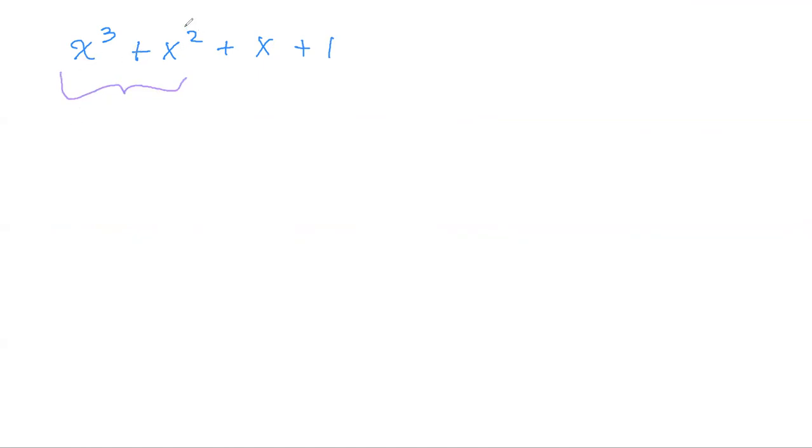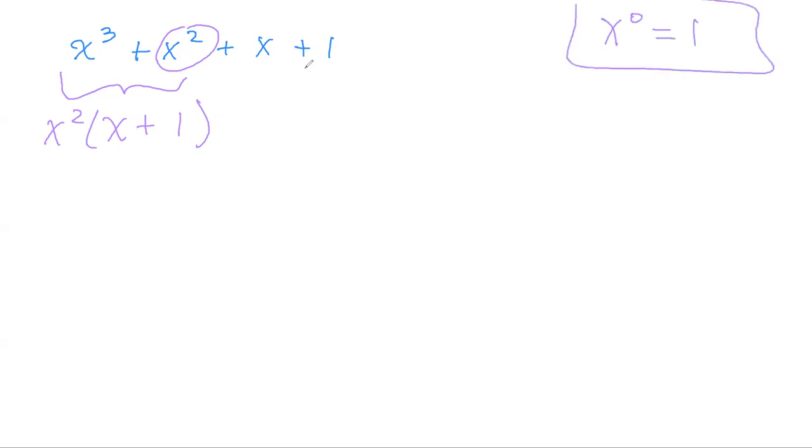Again, I choose the smallest power to take out. So the x squared goes out here. Think of it as 3 minus 2, so I just have an x. And then if you do 2 minus 2, you just get x to the 0, which is just 1. And I'll write that note here: x to 0 is just 1.